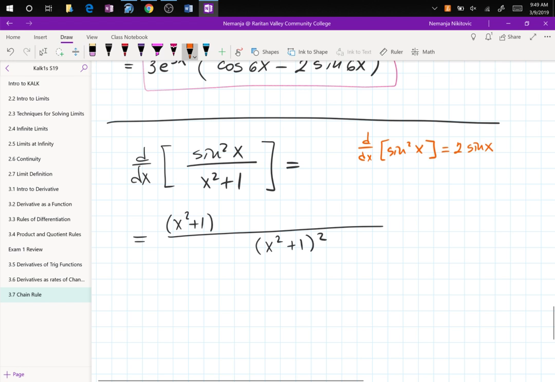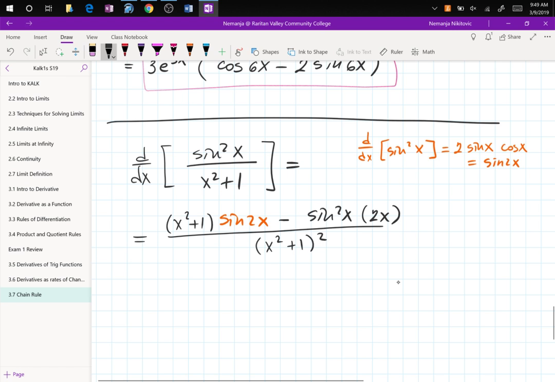And then since the inner function is sine, the derivative of sine is cosine, and then using the formula from trig, you can combine this into sine 2x. So that will be sine 2x, the derivative on top, minus copy sine squared x times the derivative of the bottom, which is, right, derivative of x squared is 2x and derivative of 1 is 0.